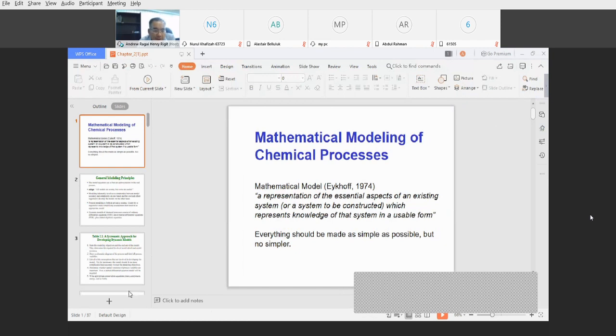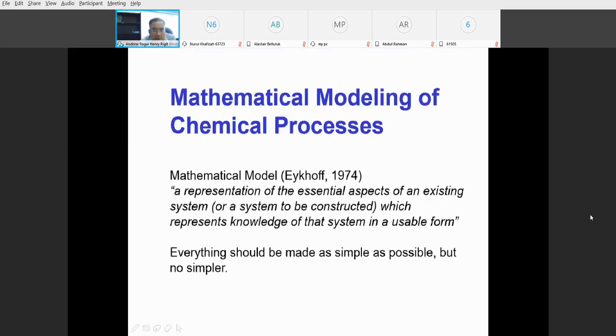So we look into what it actually means with mathematical modeling of chemical processes that can be used in control systems. Basically, a mathematical model is a representation of the essential aspects of an existing system or a system to be constructed, which represents knowledge of that system in a usable form.